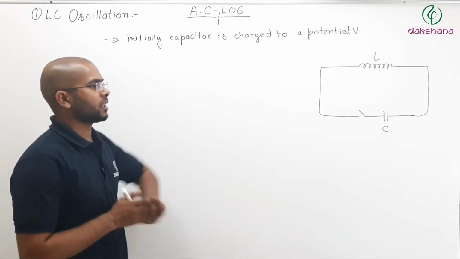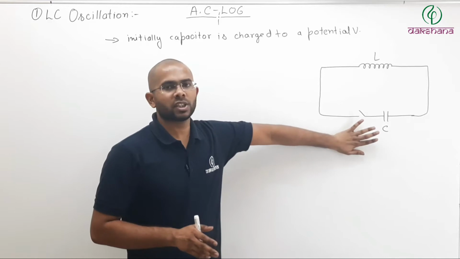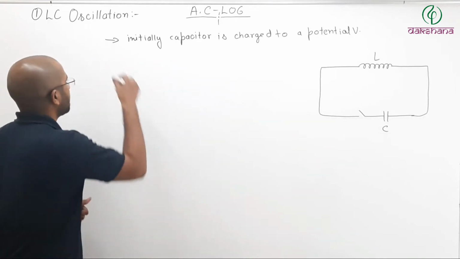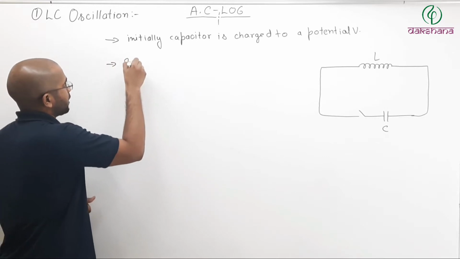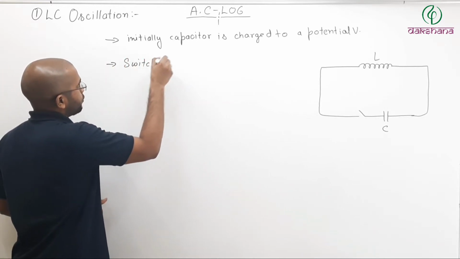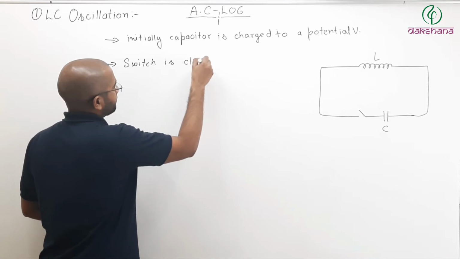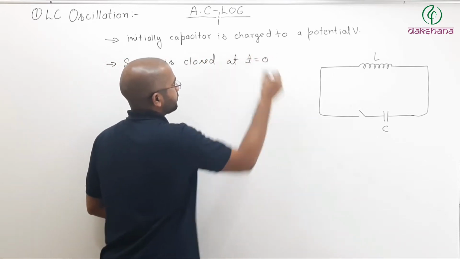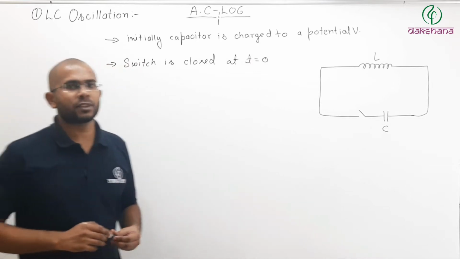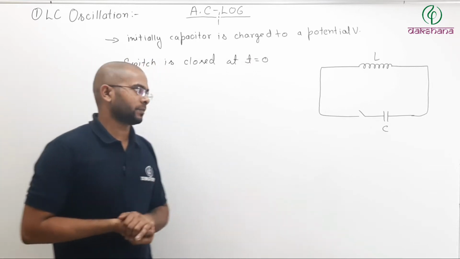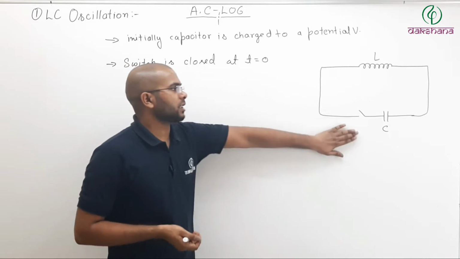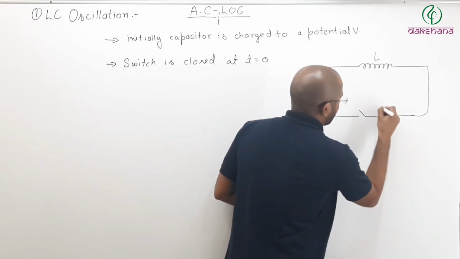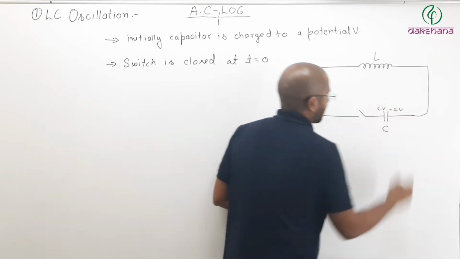So what happens if I close this switch? This switch is initially open. Before t equal to 0, that switch was open. So the switch is closed at t equals 0. At t equal to 0, if the switch is closed, then what will happen? Suppose that initially this was CV, this was minus CV.